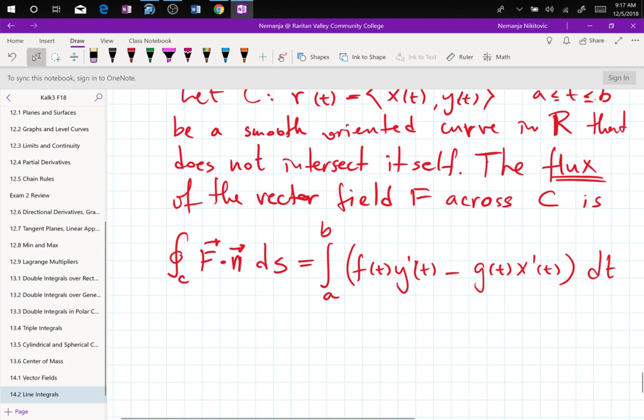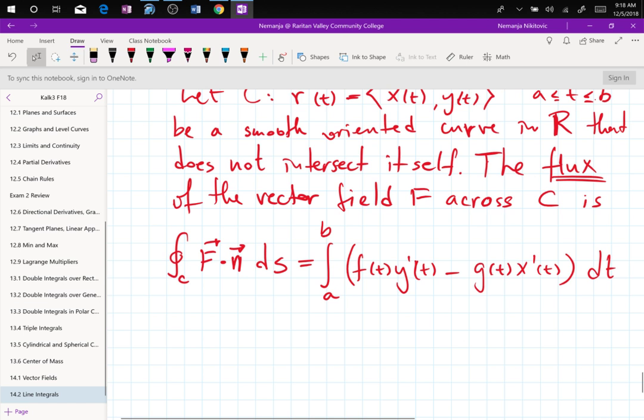So for the counterclockwise orientation of C, the word oriented is not there for decoration or annoyance of spelling. It is there because you need to have orientation. In the case of the unit circle, orientation is counterclockwise. The outward flux would be the one where you feel the stuff as you stand in front of it, right?